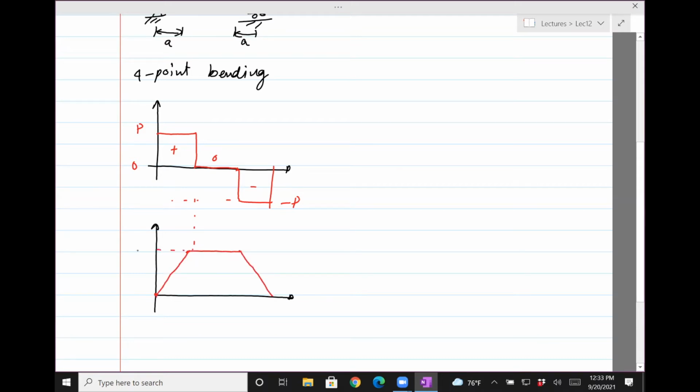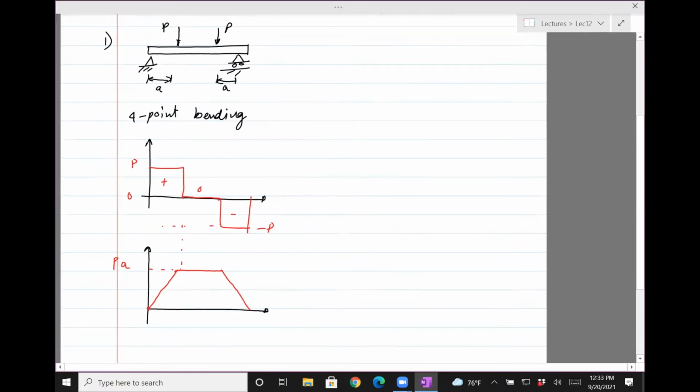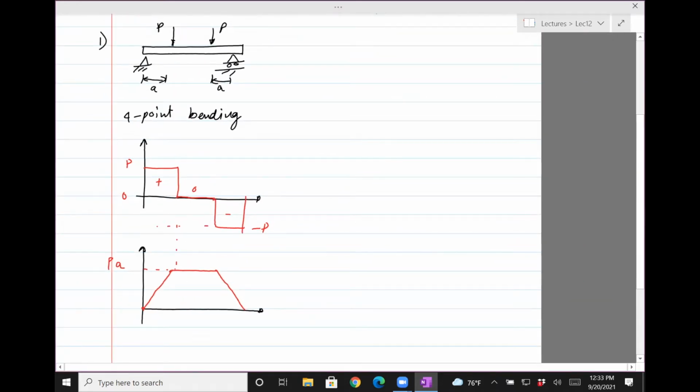Turns out this is P times A. So something like this would perfectly fit our theory here, because in this section, M is non-zero, but the shear force is zero. So this is a case where it will fit our theory.